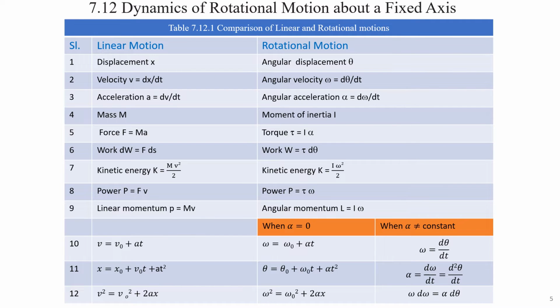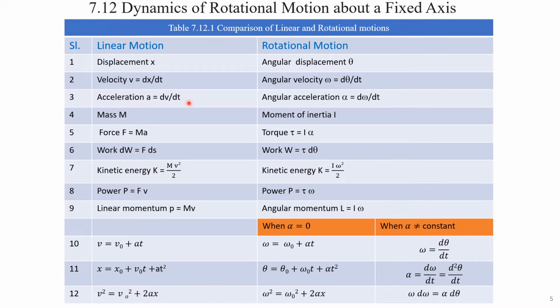Dynamics of rotational motion about a fixed axis. The table shown on the screen gives a comparative statement of linear and rotational motions. We use the terms displacement, velocity, and acceleration in linear motion. Displacement is represented by x, velocity v is equal to dx by dt, and acceleration a is equal to dv by dt.